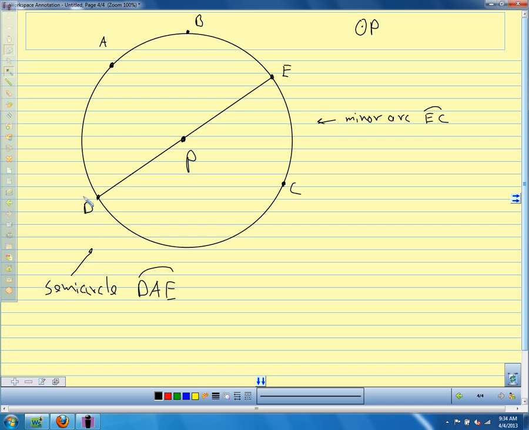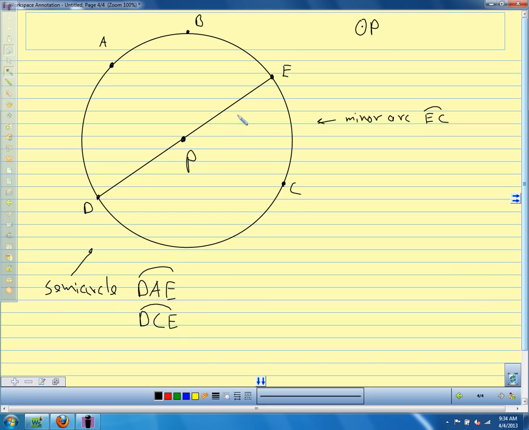When I label a semicircle or a major arc, the first letter tells me where I start, the second letter tells me one point that I go through, and the third letter tells me where I end. So this tells me I start at D, go through A, and end at E. I could also talk about semicircle DCE. I can go around either direction and still have half a circle.